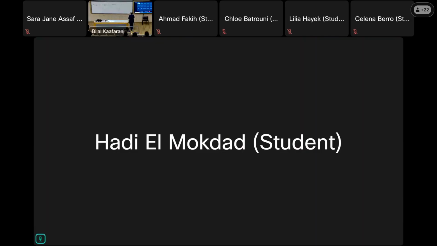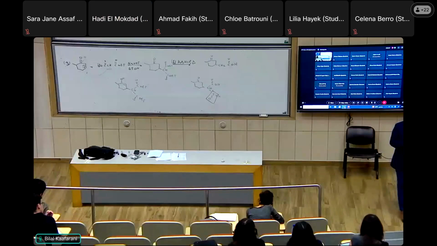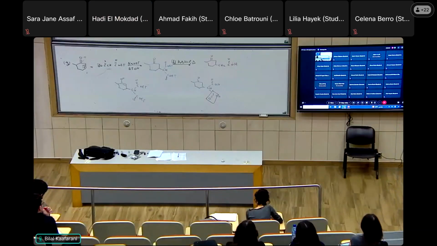Professor, can G undergo Robinson and form a cyclic, a six-member ring, or no? No. Why not? Why can this one never undergo Robinson? There are many reasons why it cannot do Robinson. First, you cannot generate enolate of this carboxylic acid. You're talking about the final product, right?